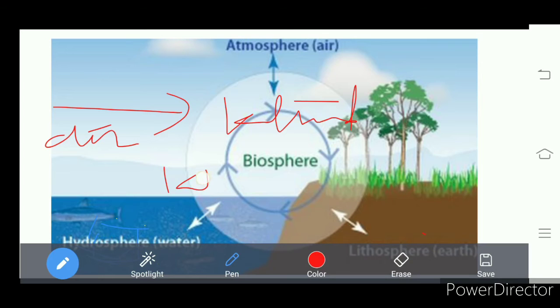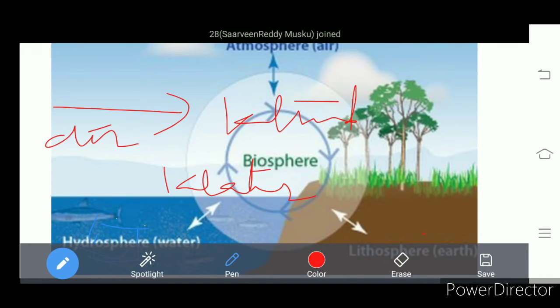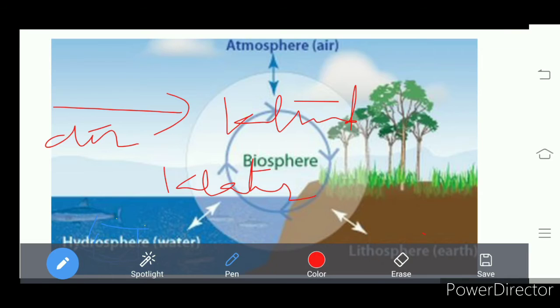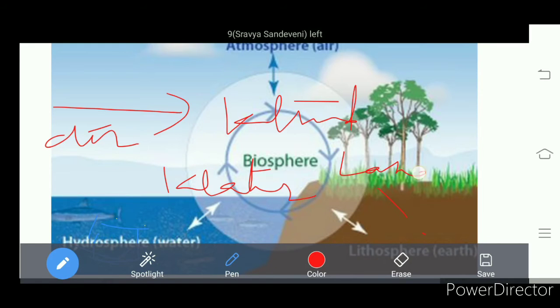And water, which is present on this earth. So these two things shape many of the things on the earth. Understand? So some of the crust part, what we call dust, is in air.